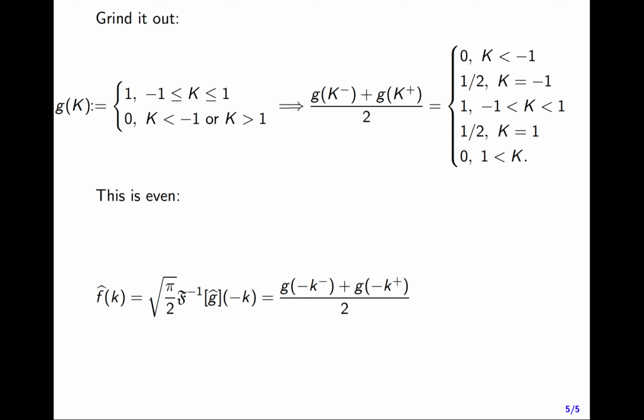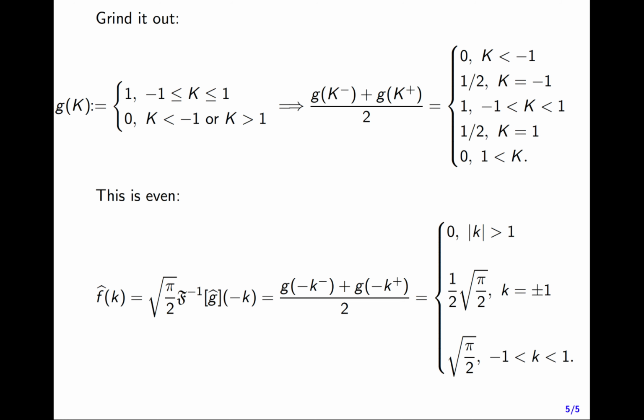I realize the pronunciation is strange. I'm looking at the limit from the left at minus k and the limit from the right at minus k. And if I just go through what my big piecewise formula for the average of the left and right hand limits is, I see that's always going to be 0 for absolute value of k greater than 1. I see that's 1/2 times root pi over 2 for k equals plus or minus 1. And I see that this is root pi over 2 for k strictly between minus 1 and 1.